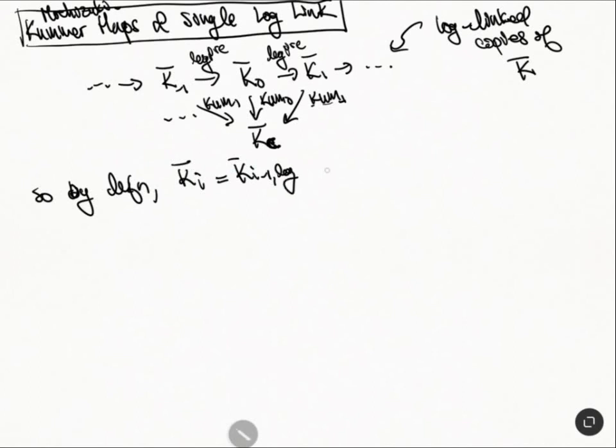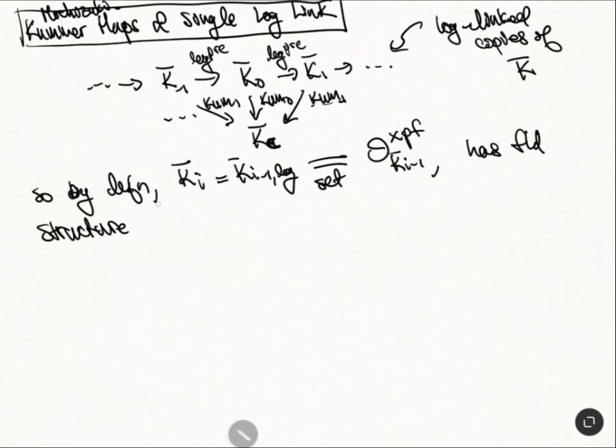So as a set, it looks like K_{i-1} bar cross, and then we perfect it, and as we recall, this has the field structure pulled back from this isomorphism of fields from log post.